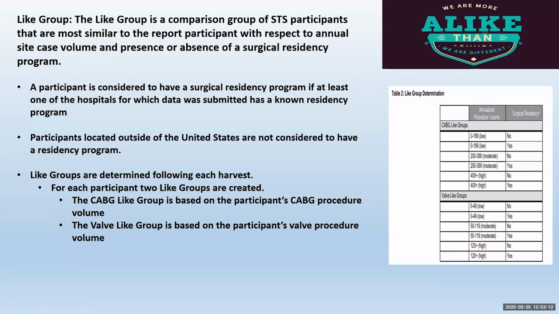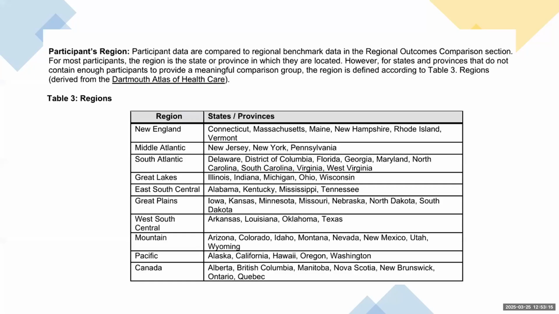That information is in the analysis overview. In addition, in the analysis overview, you have the regions. So if you live in North Carolina, you can easily find out that you're in the South Atlantic region group.